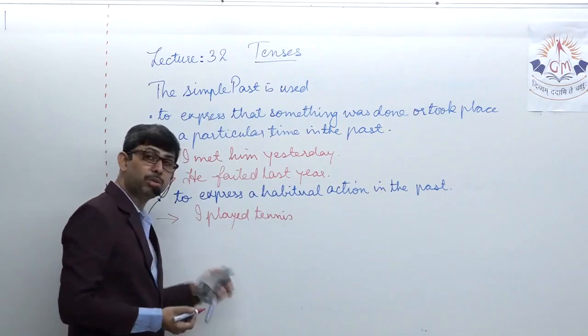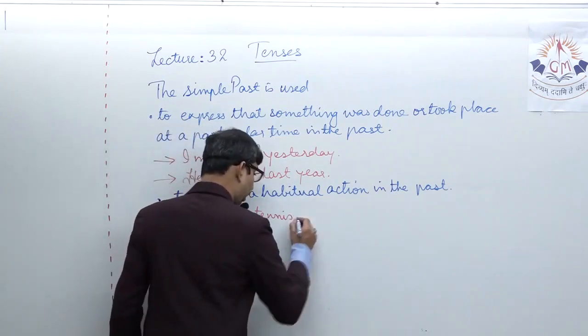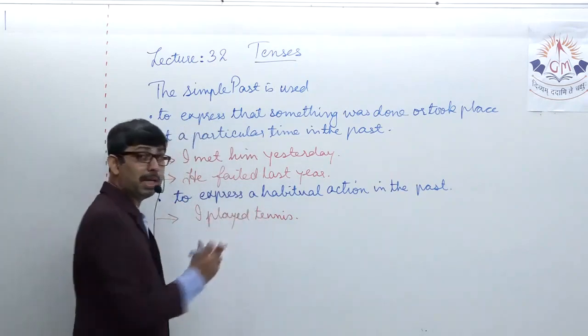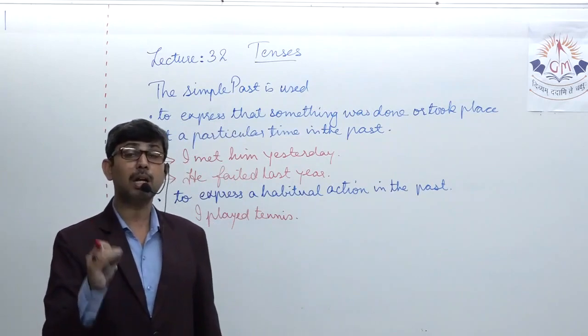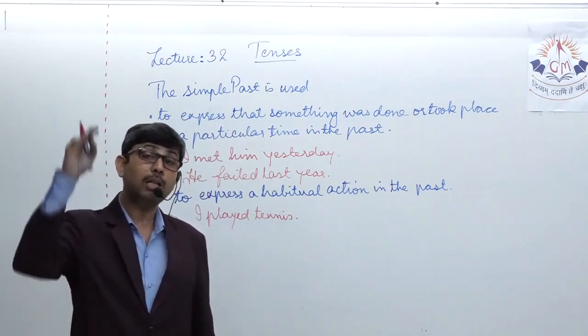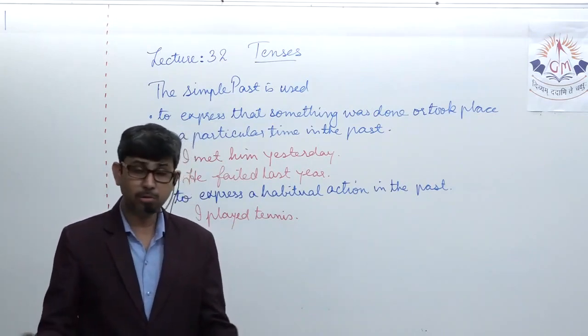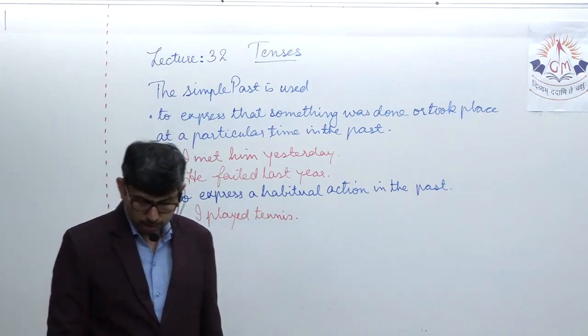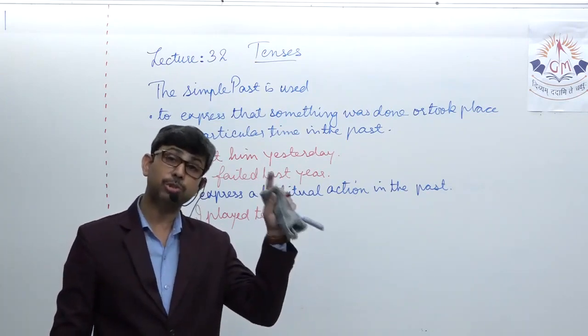No, we don't mean that by writing the words I played tennis. No doubt they are being displayed as I played tennis, but you use these words to express a habitual action: that at one given point of time it was your habit to play tennis, but now you don't play. So we use the words I played tennis. It means I used to play tennis.